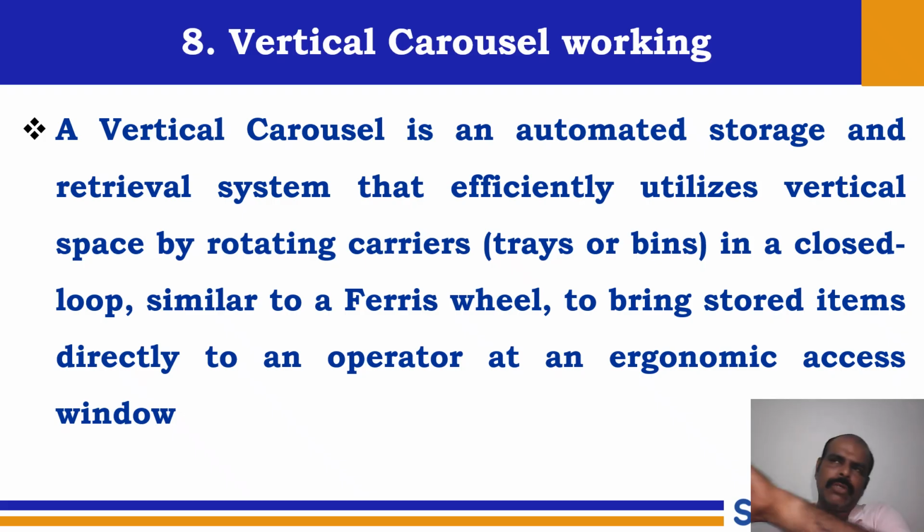At the 4th or 5th foot, we can provide a window and operate the ASRS system. It rotates nicely and the requisite bin comes to the opening, a window. Now it is easily accessible for the operator, who can take the bin or the requisite number of products as required.